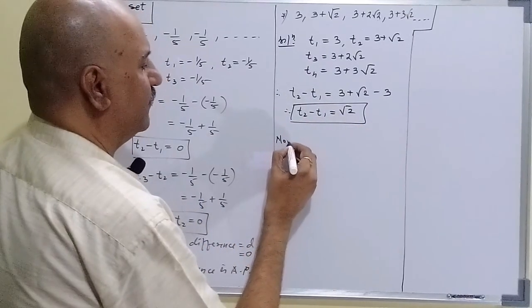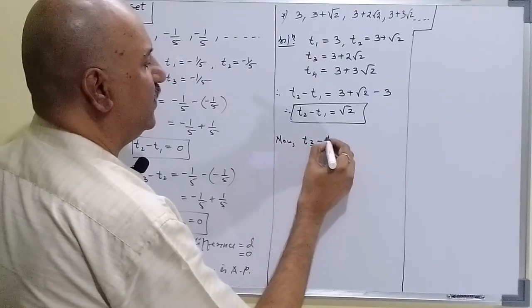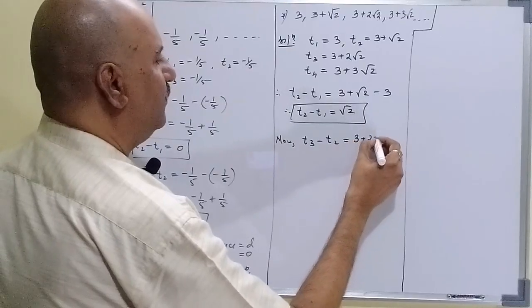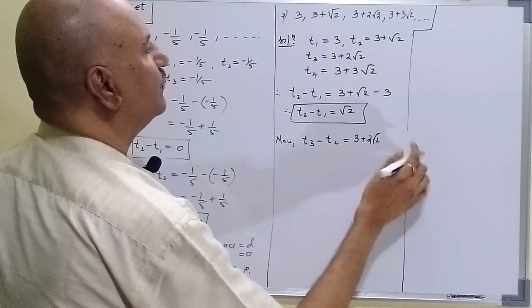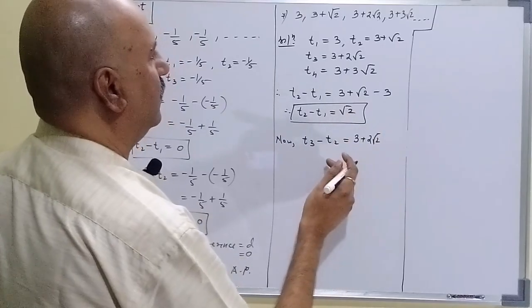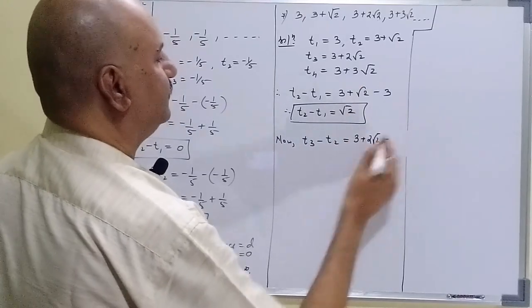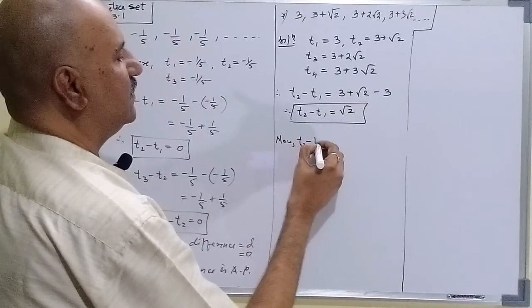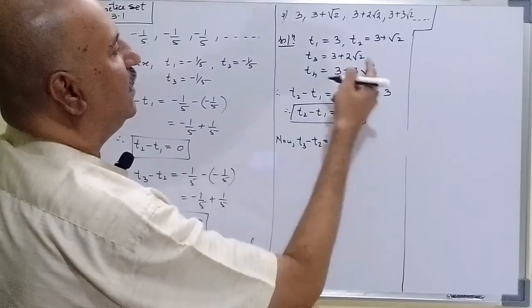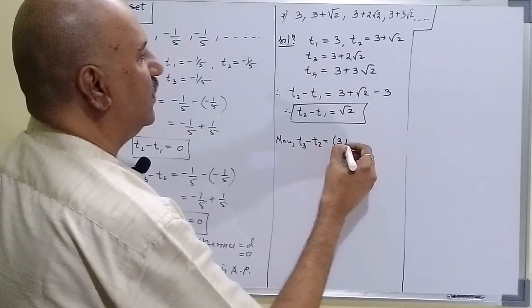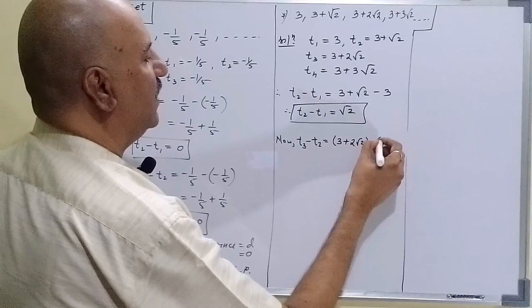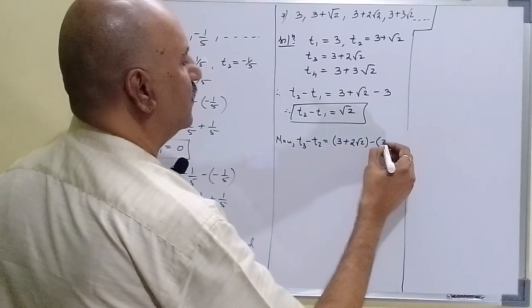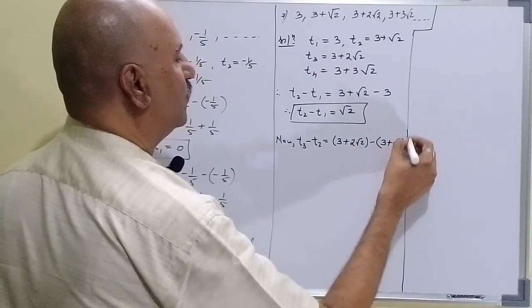Now, take T3 minus T2. T3 क्या है? ब्रैकेट में लिखो 3 plus 2 root 2 माइनस, इसको ब्रैकेट में लिखो T2 is 3 plus root 2.